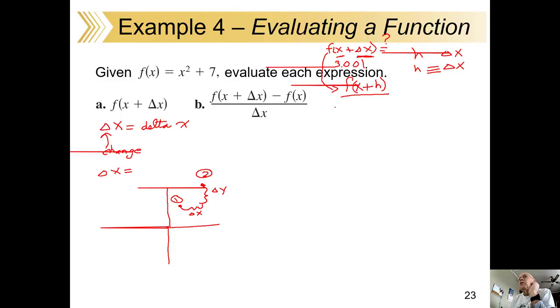So if you were down here, this one would have a y value of f of x. This one would have a y value, f of x plus, I'm going to use the h there instead of delta x.